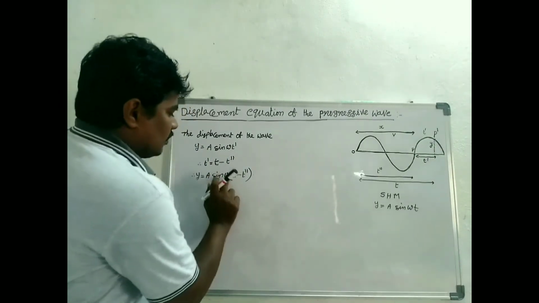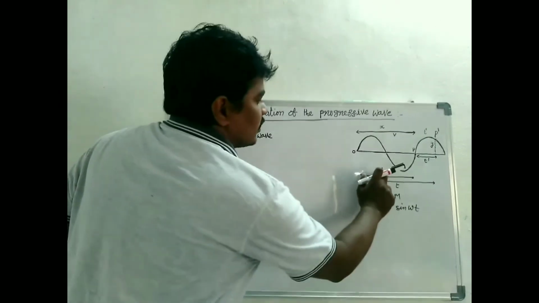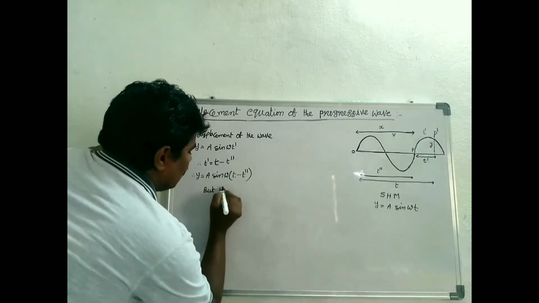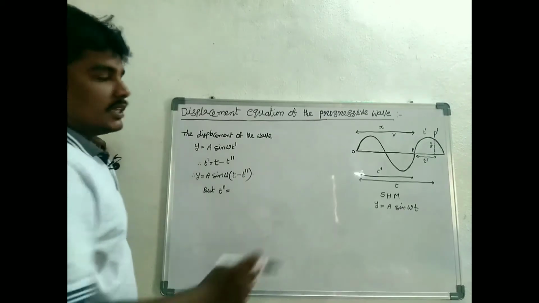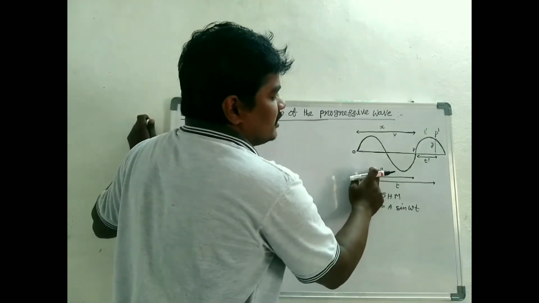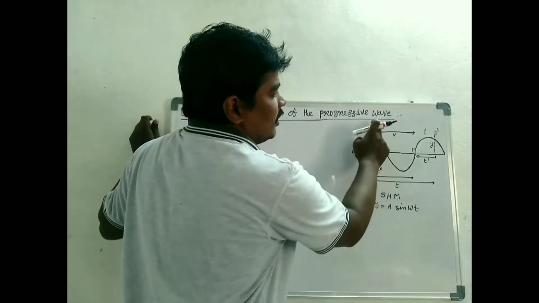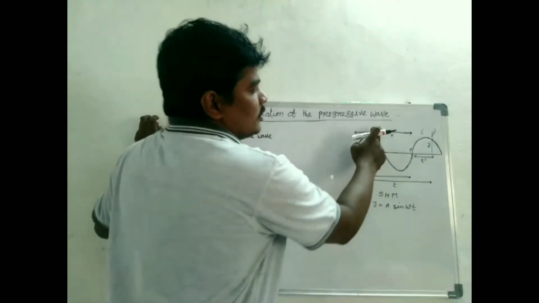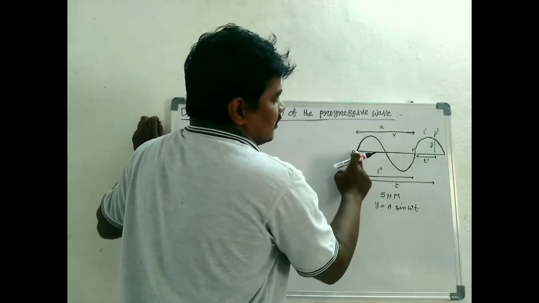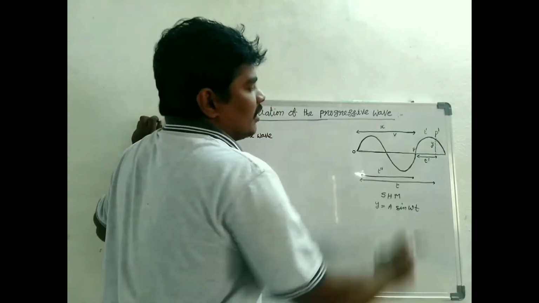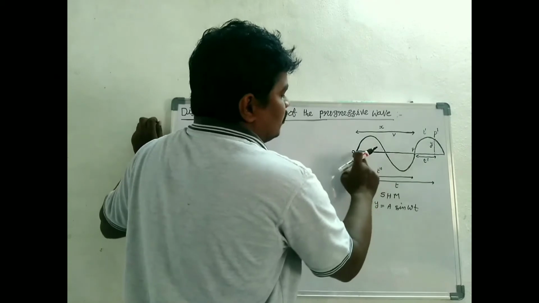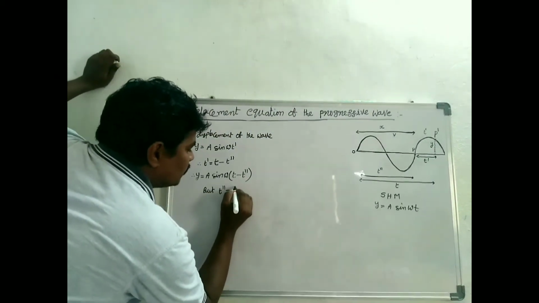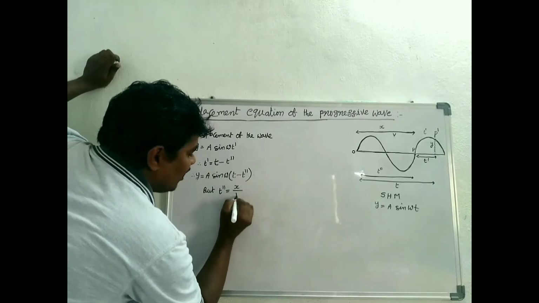But t double dash means time. Time is equal to displacement by velocity. Displacement is x from O to P, and v is the velocity of the wave from O to P. That's why t double dash is equal to x by v.